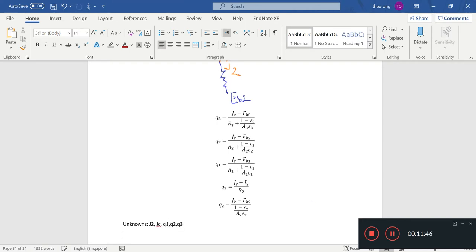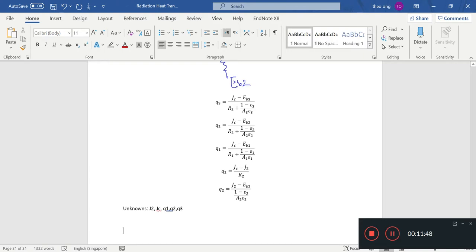We assume those are unknown. We assume all the resistances are known. So we have 5 equations, 5 unknowns. At least in theory, this system of equations should be solvable.